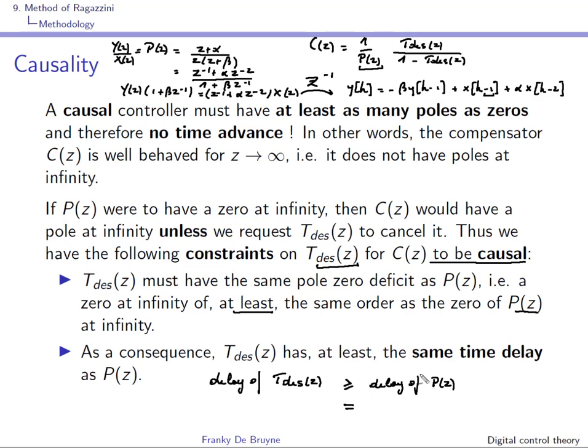There is nothing you can do about a delay, but there is no reason to take the delay in the desired transfer function higher than that of the process, because this would only delay things. So in practice you take the delay of the desired transfer function equal to the delay of the process.